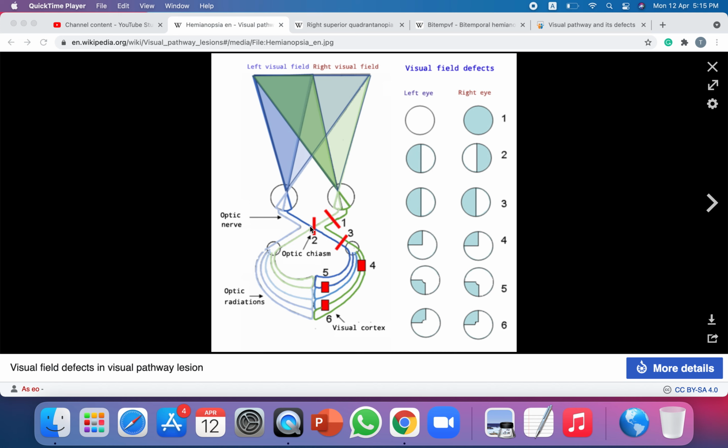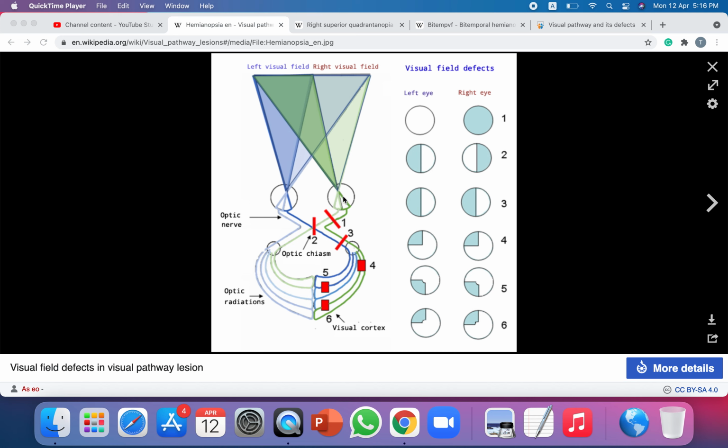The optic chiasma has two parts, a central part and a peripheral part. We can see that the temporal fibers of the right eye are not crossing; they go directly to the optic tract, but the nasal fibers of the right eye are crossing. Similarly, nasal fibers of the left eye cross in the chiasma, but the temporal fibers of the left eye are uncrossed.